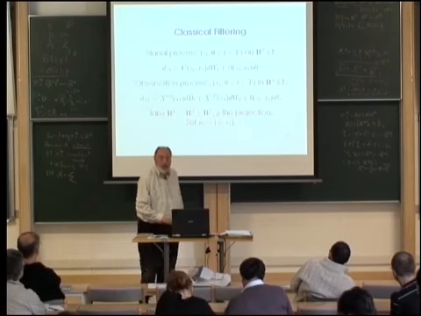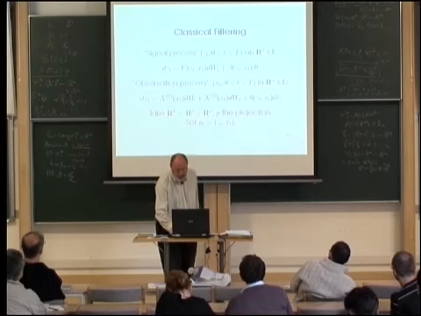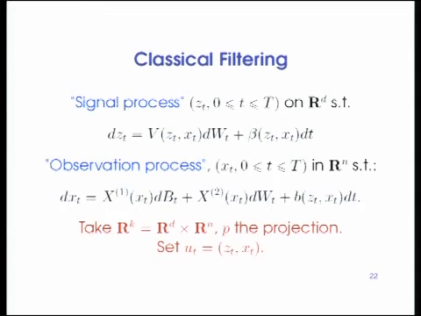Okay, so just in case you're not sure how this can fit in with classical filtering: in the classical filtering situation, with, I'm afraid, a different notation from normal, you would have a signal process, which I've written here as dZ_t, and an observation process, X_t.